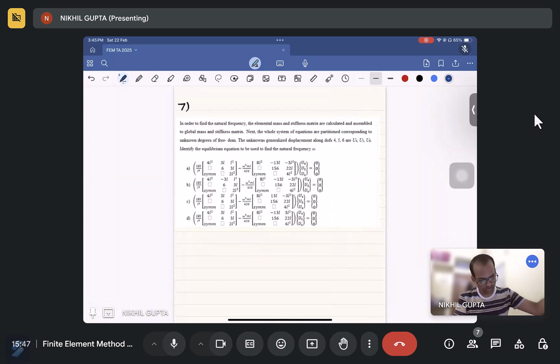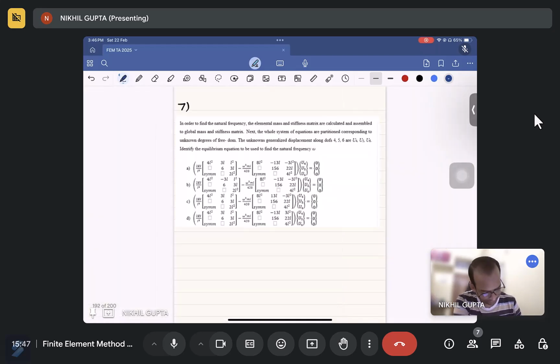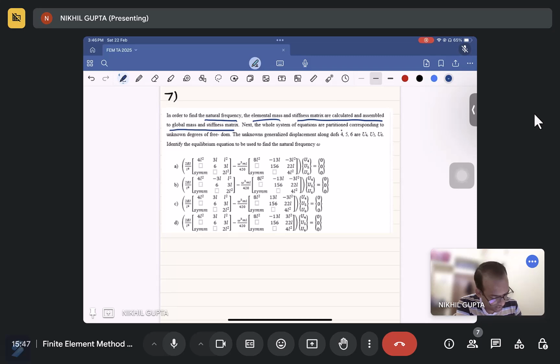Okay, so let's go to question number 7. This is the same one I have solved in the last class as well. Let's solve this now. In order to find the natural frequency, elemental mass and stiffness matrices are calculated and assembled to global mass and stiffness. Now the whole system of equations is partitioned corresponding to the unknown degrees of freedom. The unknown generalized are 4, 5, 6.